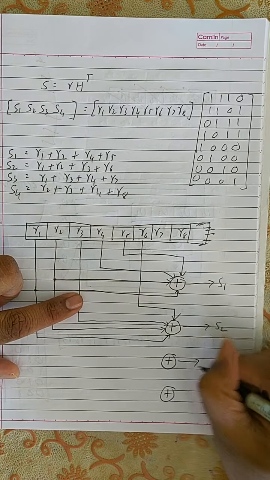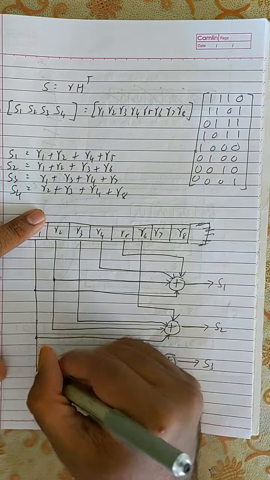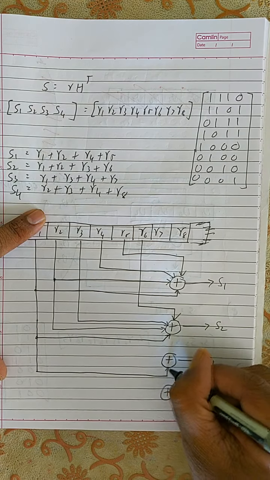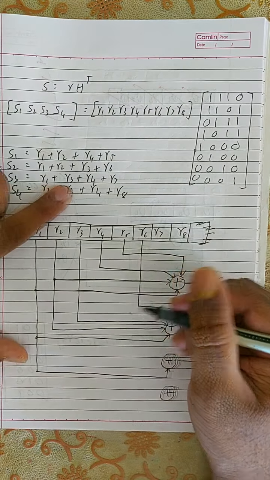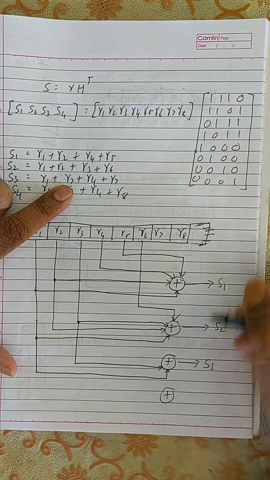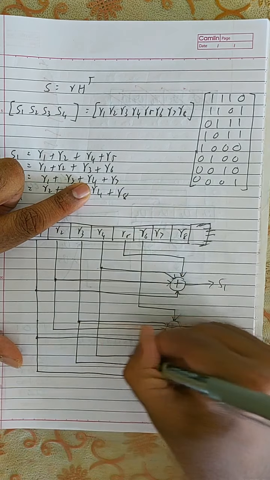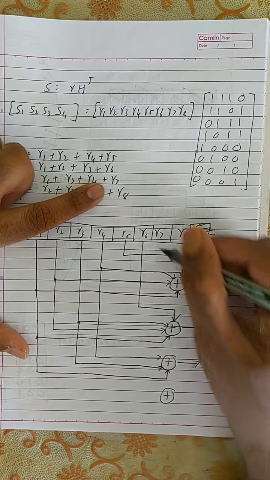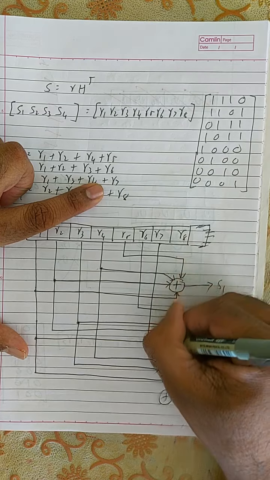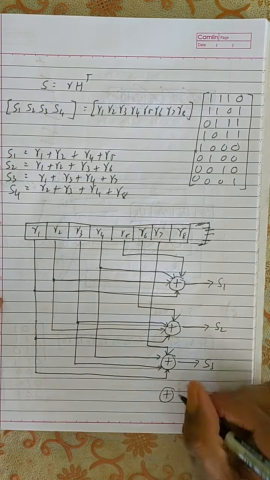Now what is the equation for S3? R1, R3, R4, and you have R7. So you got S3. Next is S4.